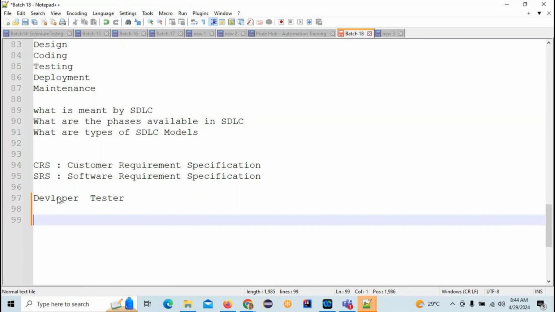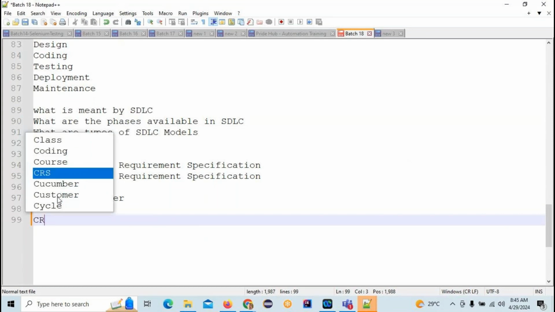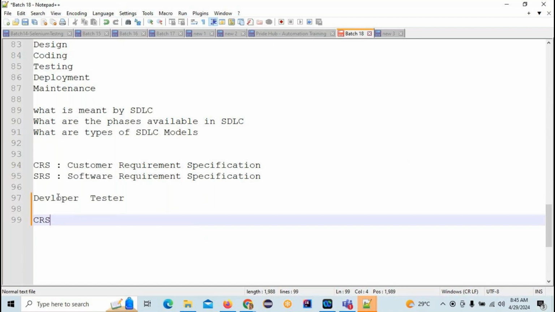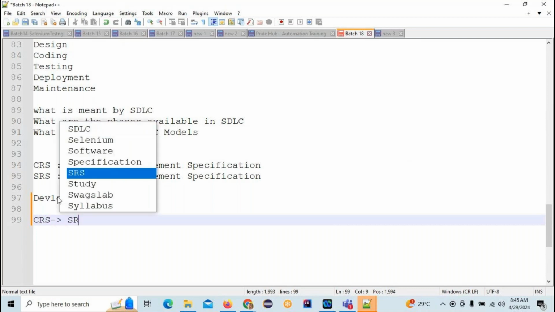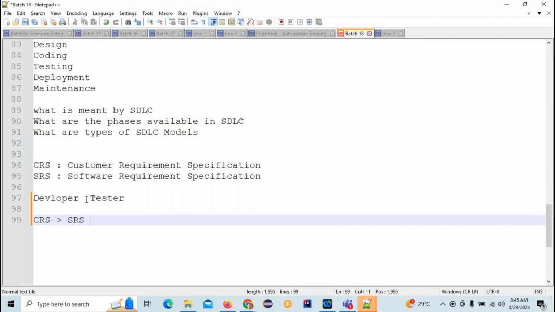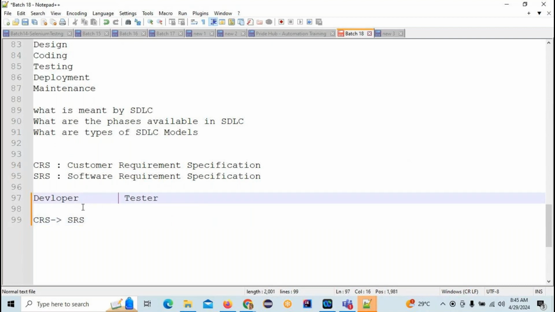In development, first of all, the CRS document is sent by the customer. The developer's role is to convert that CRS document into the SRS. That is his first step, the developer's responsibility. And what will the tester do?